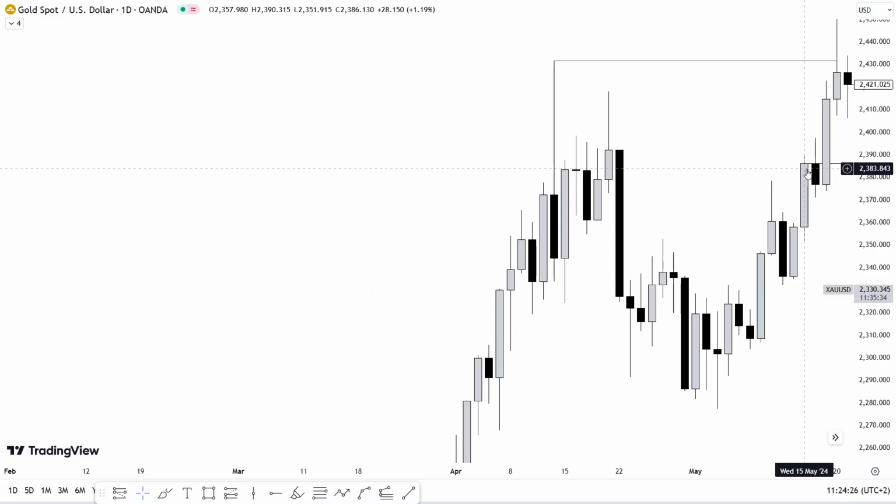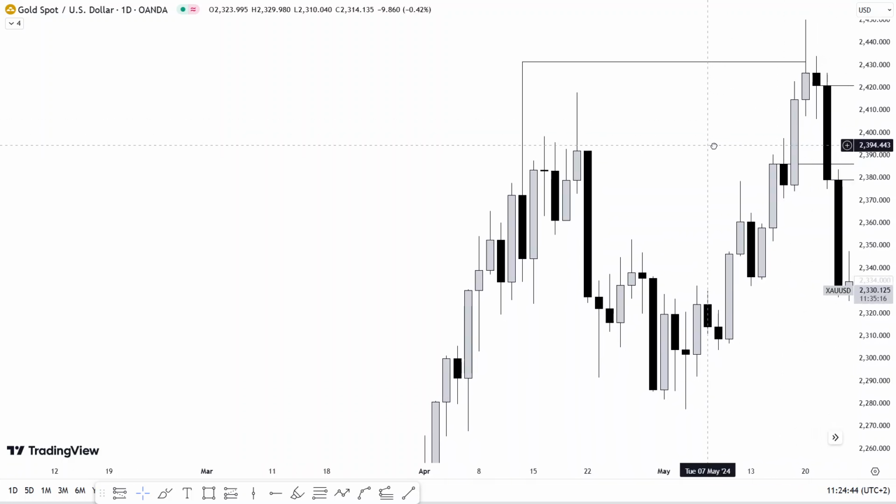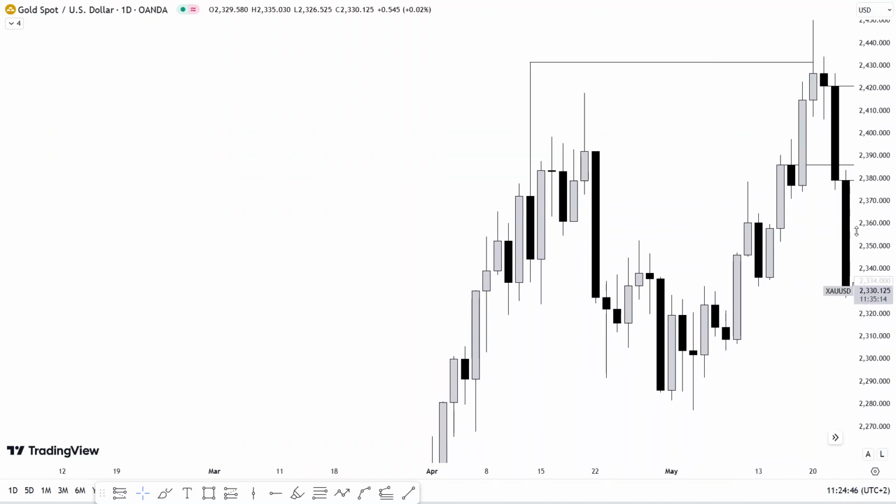But knowing that we did not close above here, we ignore this area and assume that it would be broken. Had we closed above here, we would anticipate buying from here. But what price did was break below that area, which was the best possible scenario to happen.